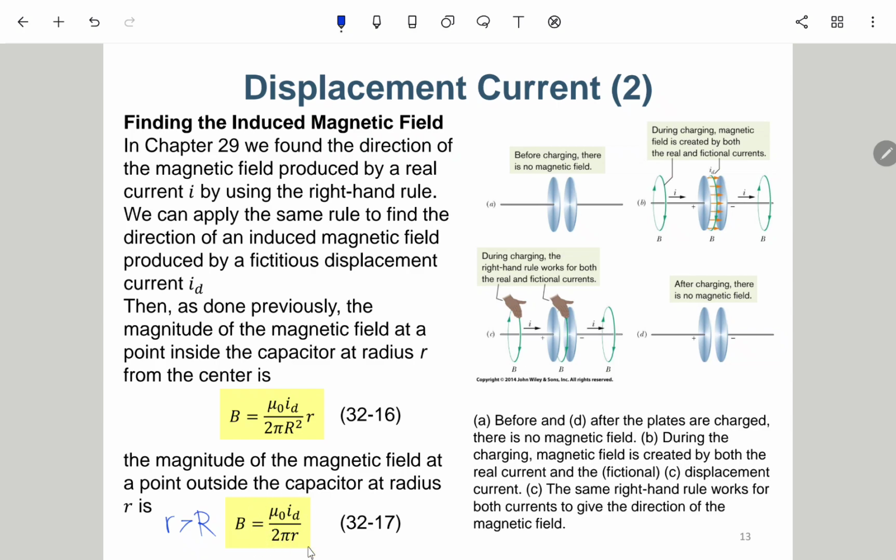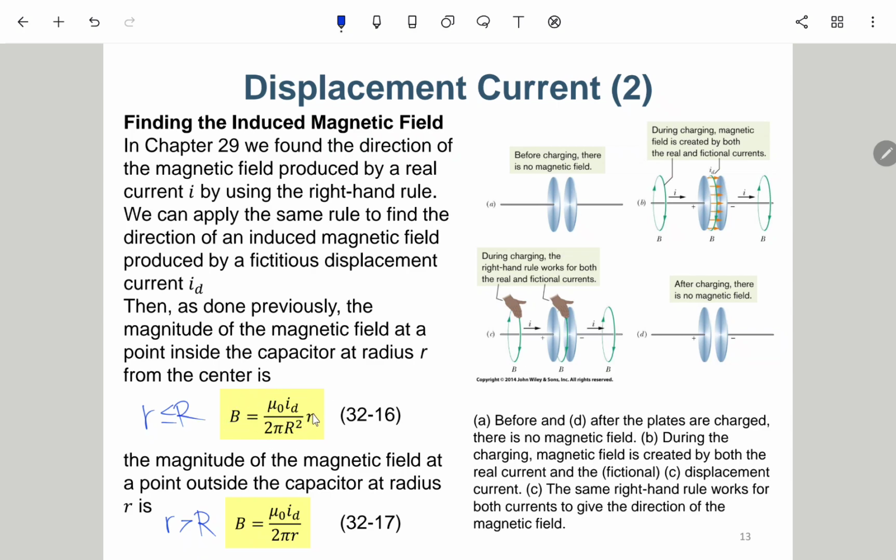Okay, in chapter 29 we also have this one, this B field is due to a static current. But here, if we have displacement current for a capacitor, we still have the same expression if r is larger than capital R. And if r is smaller than or equal to capital R, we have this expression.